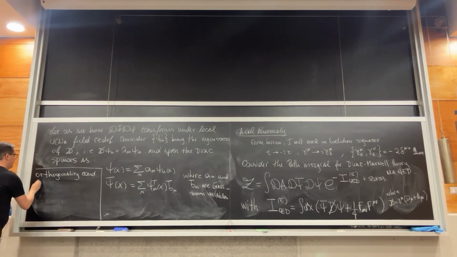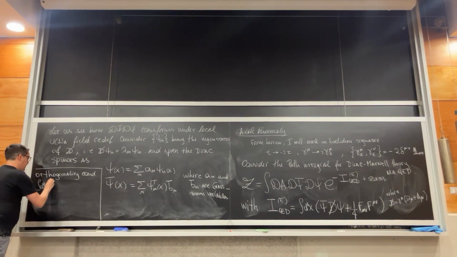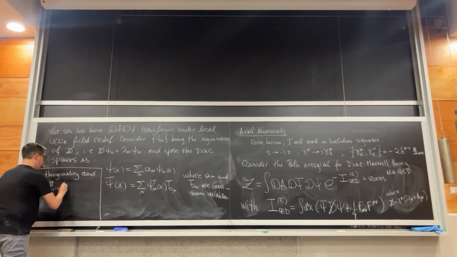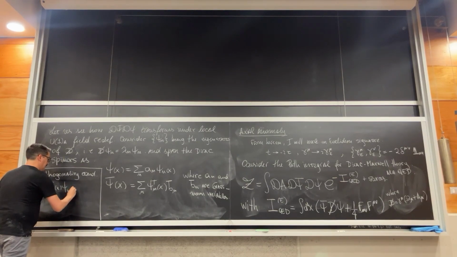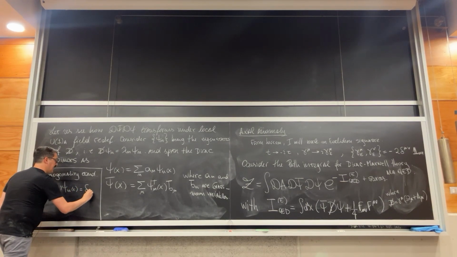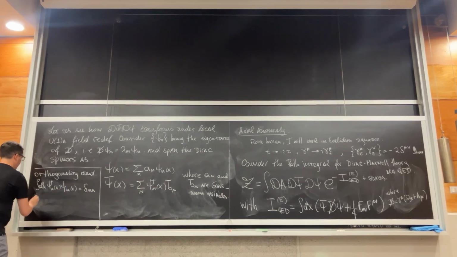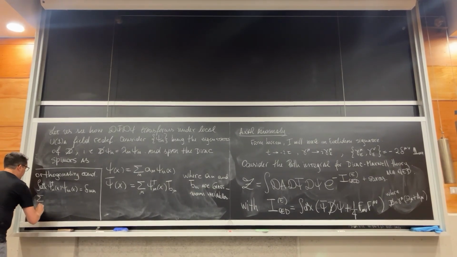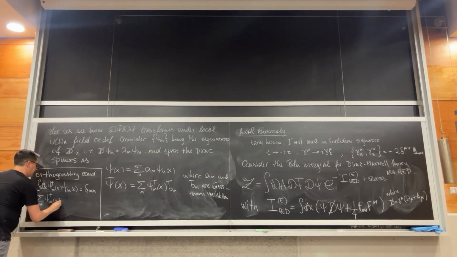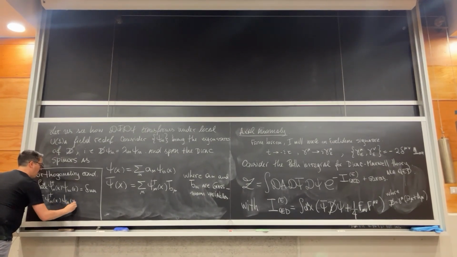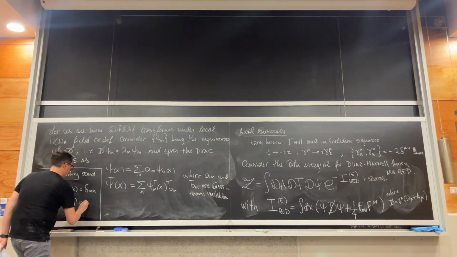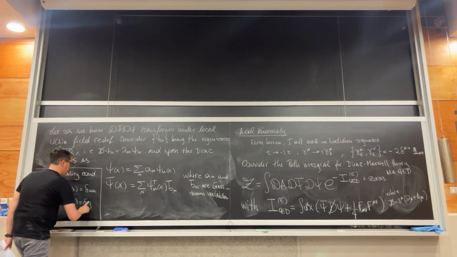And they are the standard ones: the integral of psi dagger m of x, psi n of x is delta m n, and in this case, let's say the sum over n of psi n of x and psi n dagger of y is equal to delta x y.